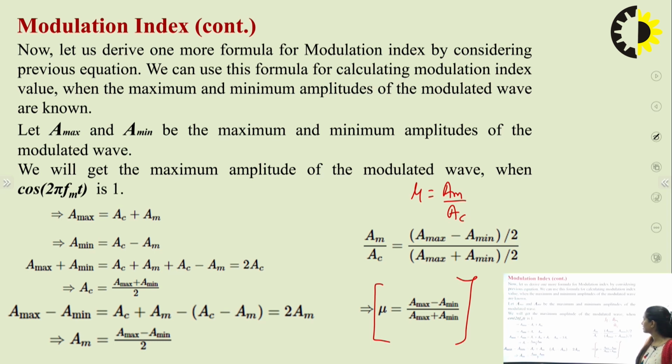We get the maximum amplitude when Amax is Ac plus Am and minimum when it is Ac minus Am. And Amax plus Amin can be written as 2Ac and Amax minus Amin can be written as 2Am. So this whole equation Am/Ac can be rewritten as (Amax minus Amin) upon (Amax plus Amin). So by these two ways we can represent the modulation index of an amplitude modulated waveform.